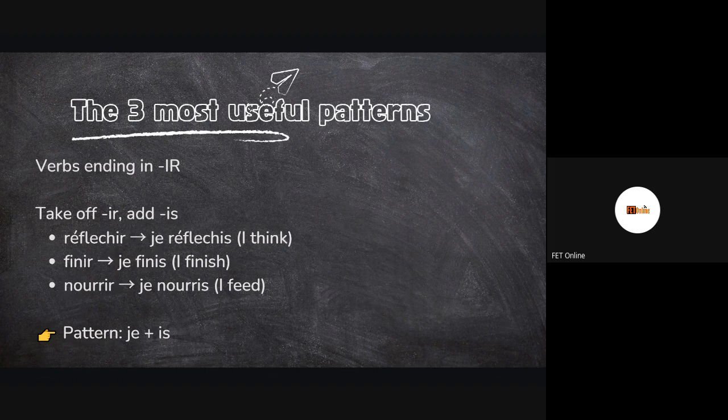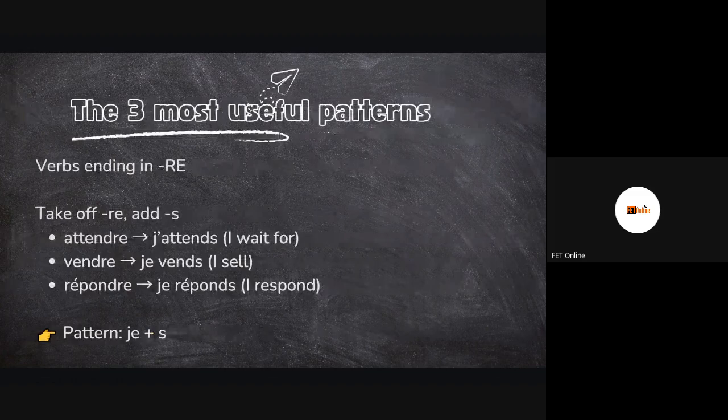Once you remove the IR and you add IS, it becomes je réfléchis, meaning I think. Finir becomes je finis. Nourrir becomes je nourris. And so the pattern for the verbs ending with IR is remove the IR and add IS.